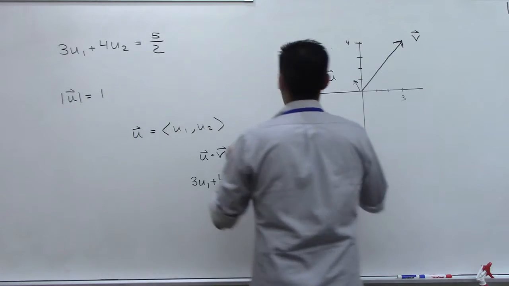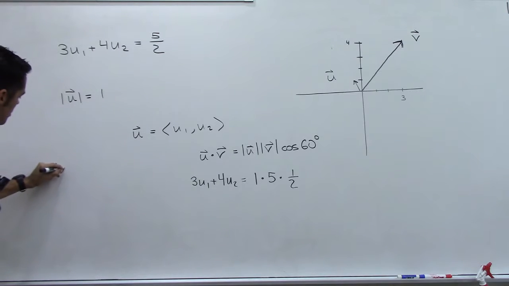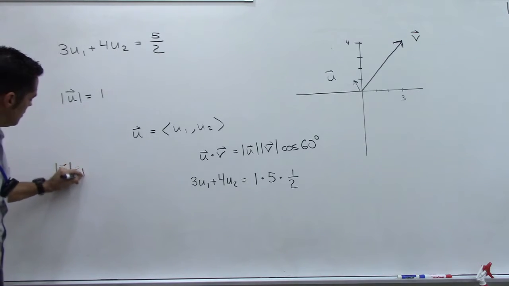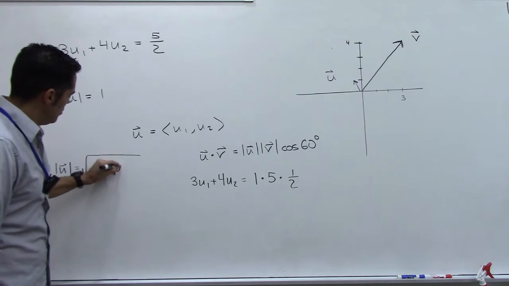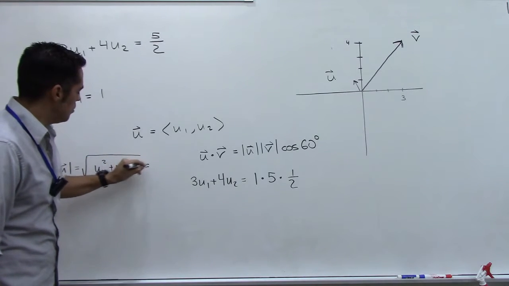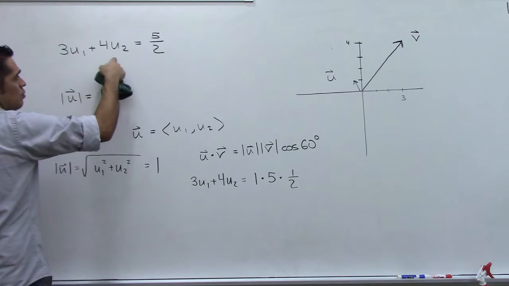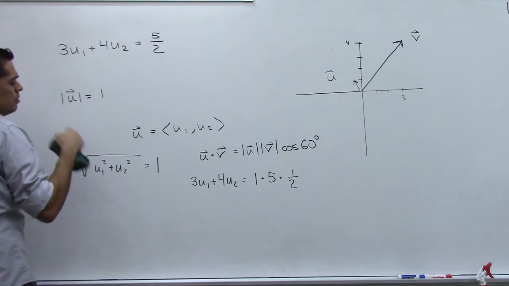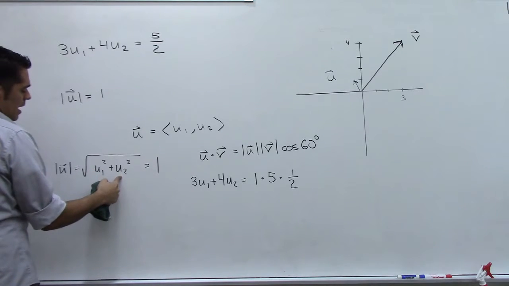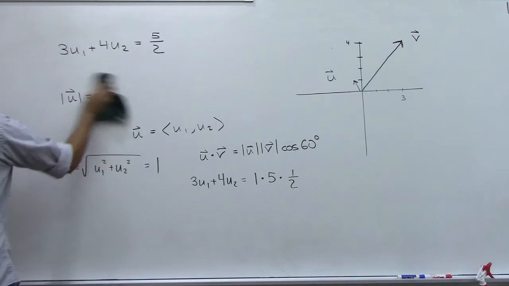The magnitude of u is the square root of u1 squared plus u2 squared. That needs to be equal to 1. I have an equation that contains u1 and u2, so let's solve it for u2. We'll replace that in here, and then we'll have an equation with just u1 in it, and I should be able to solve it.